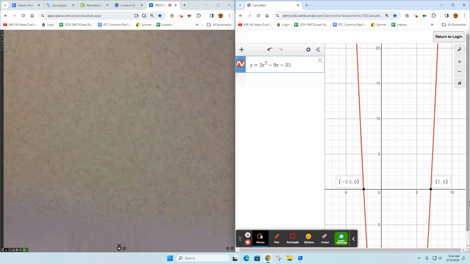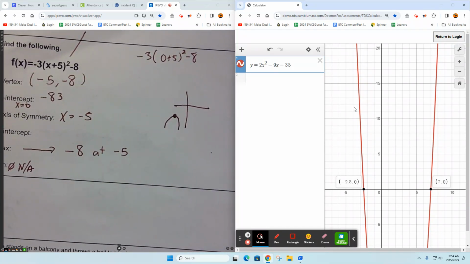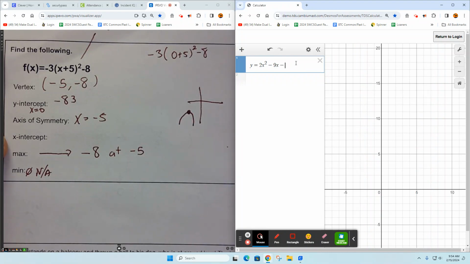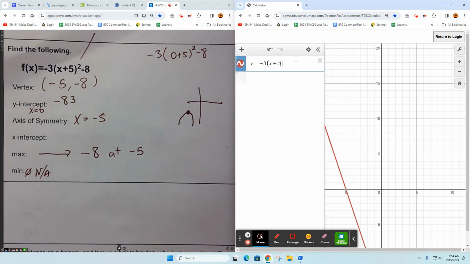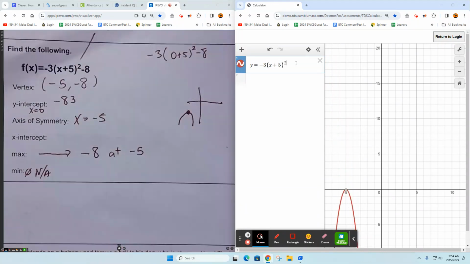We can actually see that. If I wanted to do this one, I could just type this in just the way it is. And we could find it.